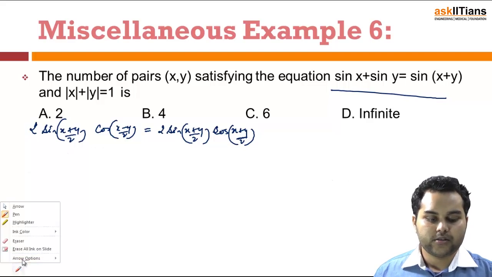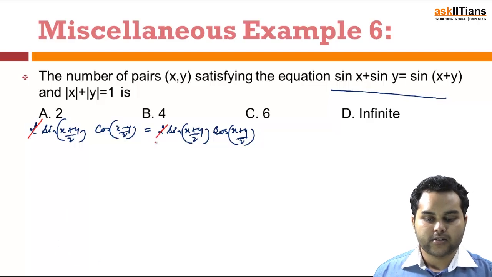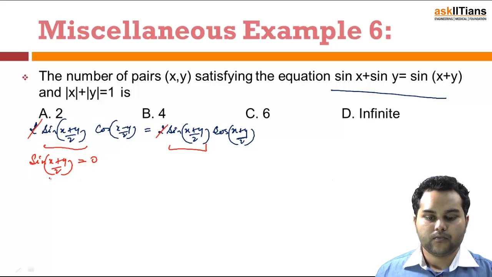Now looking at the equation, the left hand side and the right hand side, 2 gets cancelled out at first. I have these two present on both the sides. So there is one condition that either sin of (x plus y)/2 is equal to 0, or I have this equation, that is cos of (x minus y)/2 being equal to cos of (x plus y)/2.